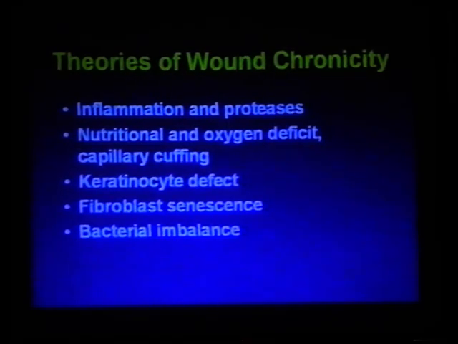Okay, so looking at a chronic wound, it's nice to have some idea of what you're trying to do when you're treating a chronic wound. And for that, there are a number of hypotheses that have been put up based on information on protease and so on, keratinocyte defect. The particular one I'm going to discuss this morning is concerned with fibroblast senescence, because the fibroblasts that are isolated from chronic wounds do show a senescence-like phenotype and consequent bacterial colonization of the wound bed.